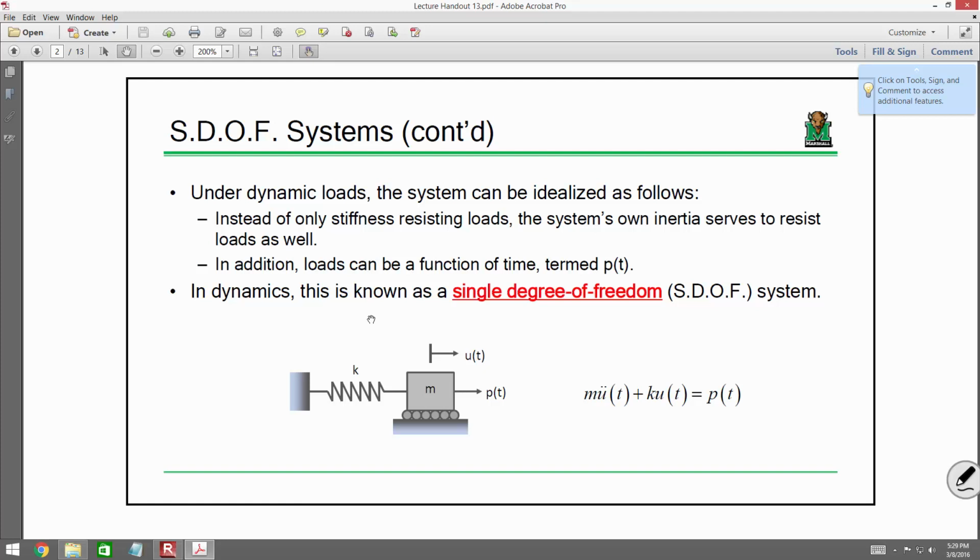Now, for this system, we're only considering the movement of a single point, moving in the x direction with respect to time. We call this a single degree of freedom system. When you take a course in vibrations, you'll learn about single degree of freedom systems first, hammer those into the ground, and then you say, okay, what about a multi-degree of freedom system? Which we've been talking about in this course all semester. That's what we've been doing. Everybody good?